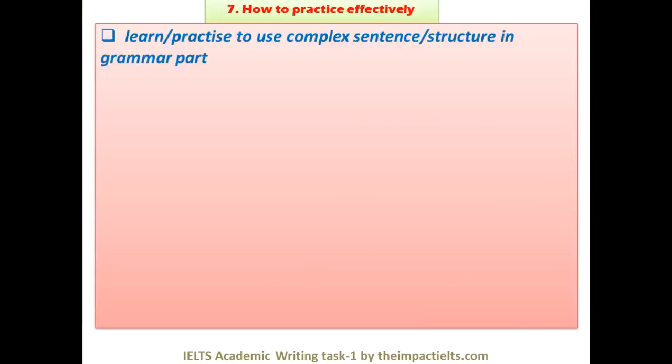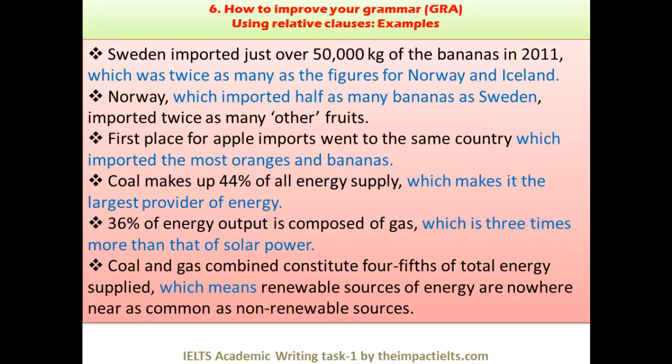Okay, that's all about the definition of relative clauses and some examples. Now, in the last videos of this grammatical part, we will see some of the most common mistakes made by the students while attempting the IELTS test, so that you can understand and try to rectify those mistakes.